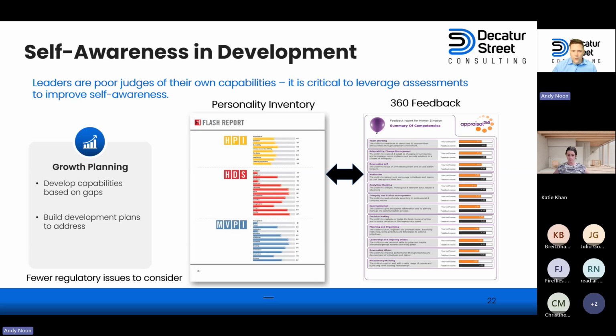And we know from the research that leaders are generally poor judges of their own capabilities. And so as you're thinking about development, the idea of helping them gain self-awareness through the use of assessments is critically important.